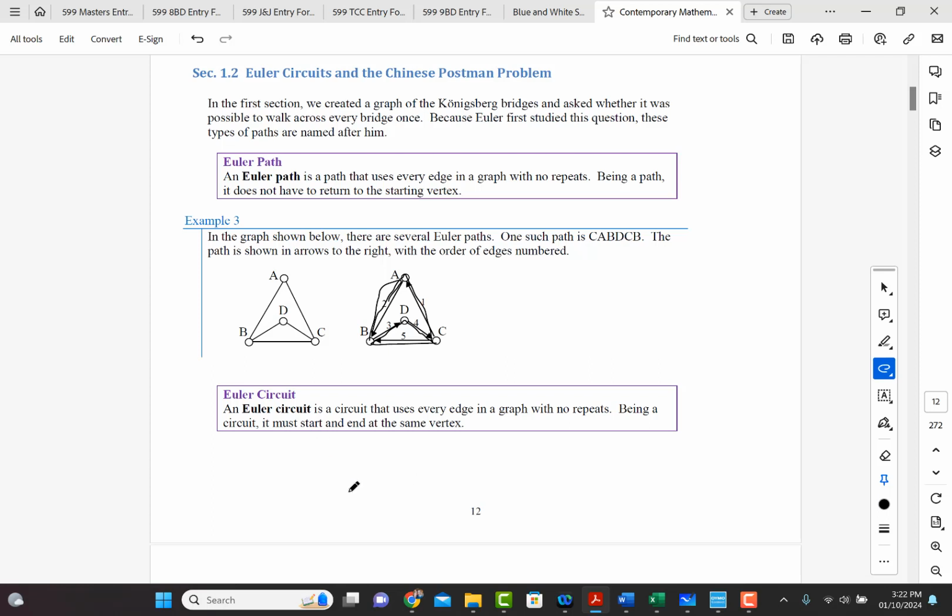Where you start and where you finish is at the same vertex. So an Euler circuit has the definition of a circuit, but it uses every edge in a graph with no repeats.